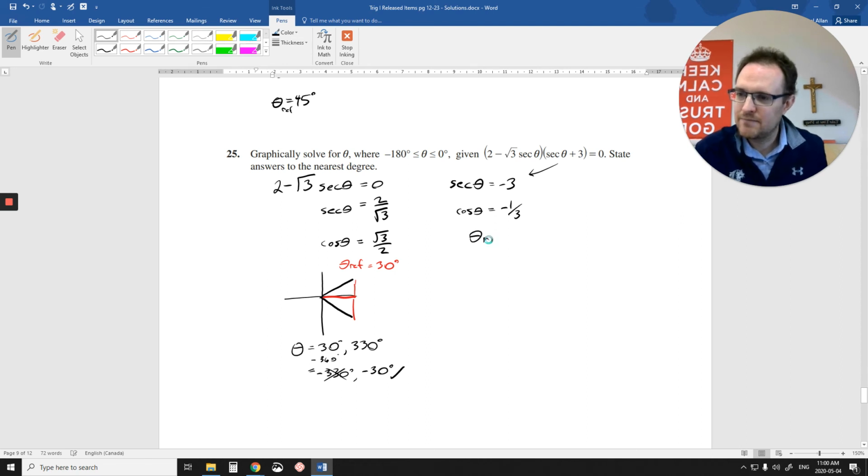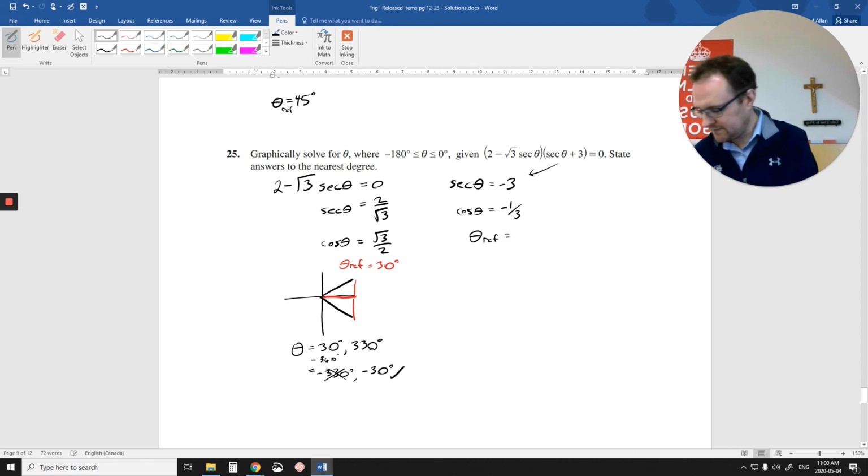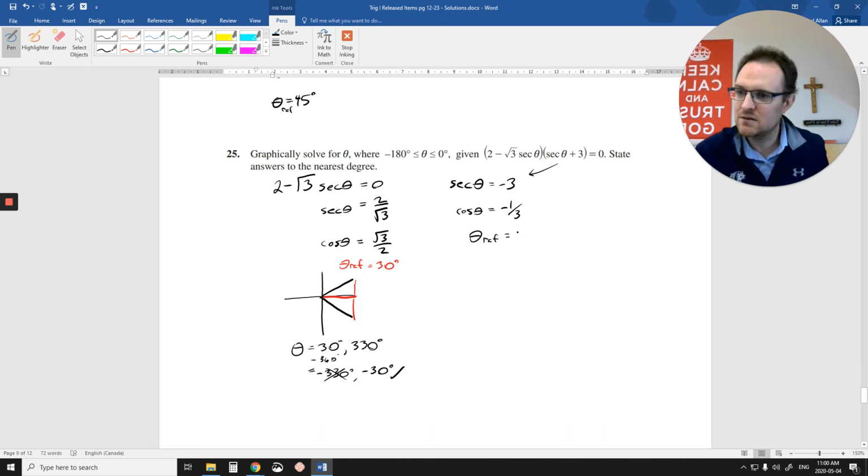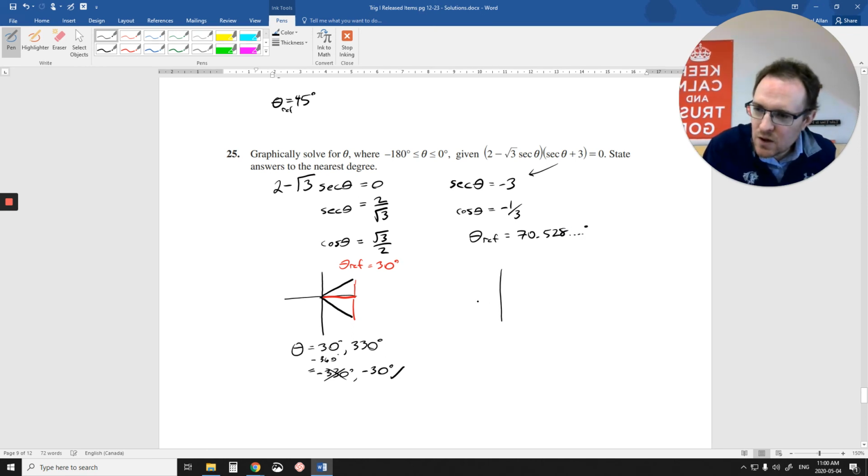So I'm going to find my reference angle. Cos inverse 1 over 3 gets me 70 point some degrees, 70.528 decimal degrees there. Where is cosine negative this time? Because before it was positive.